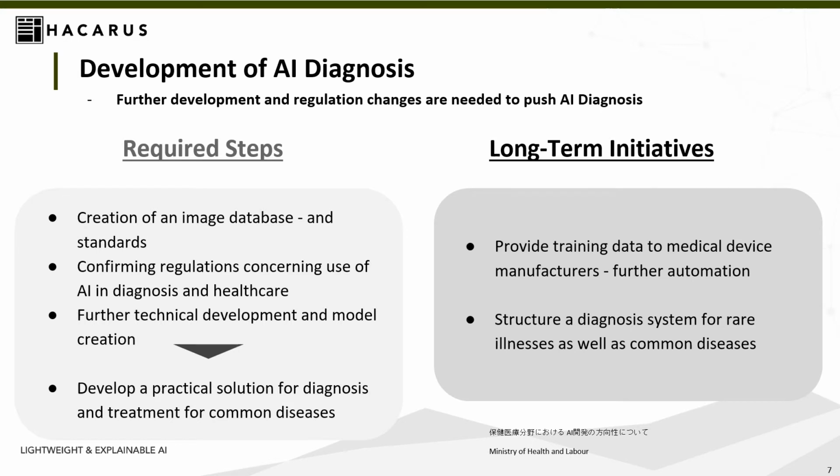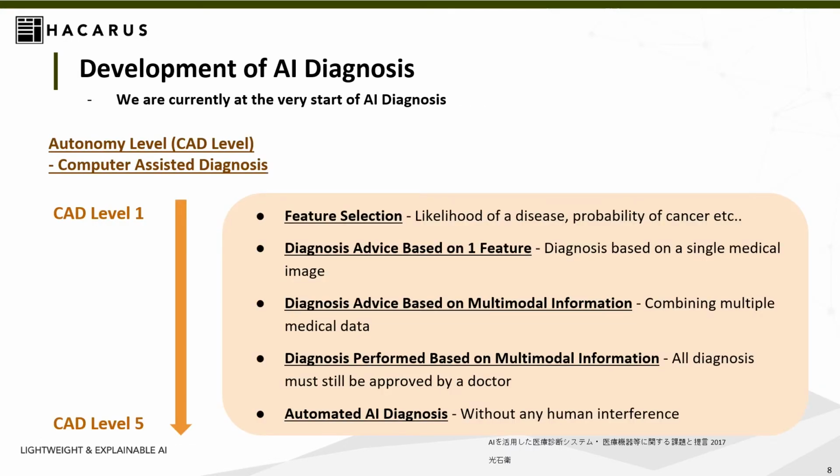Such development of AI diagnosis can be evaluated based on autonomy levels, in this case, the Computer-Assisted Diagnosis (CAD) level as shown in this slide. In medical diagnosis, the CAD level consists of 5 levels. Level 1 is feature selection, where likelihood of a disease or probability of cancer can be detected.